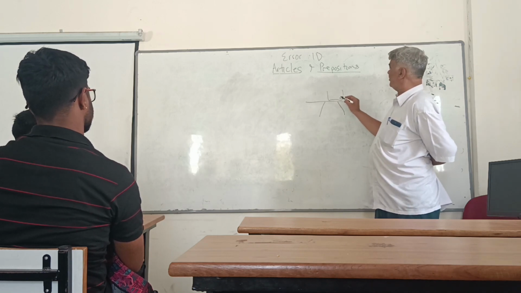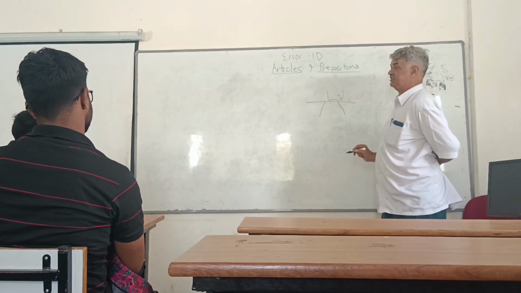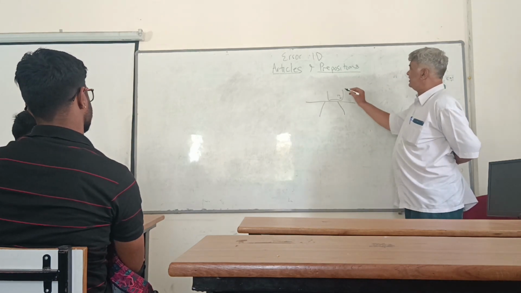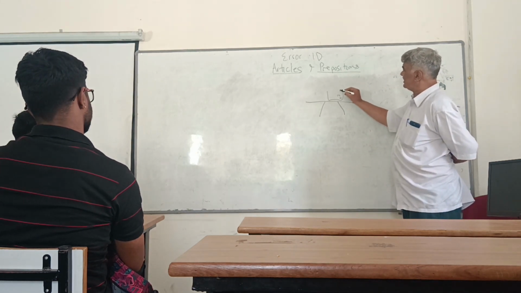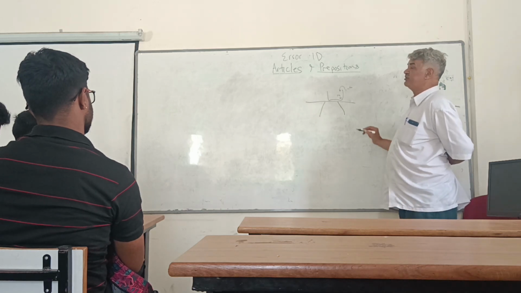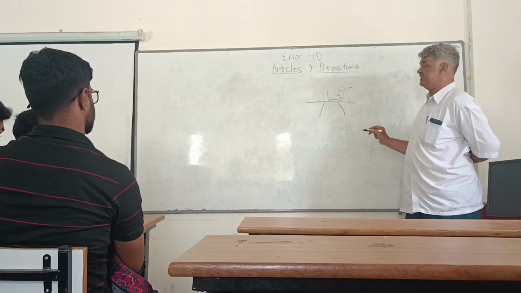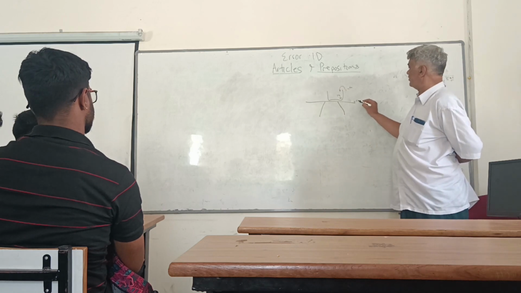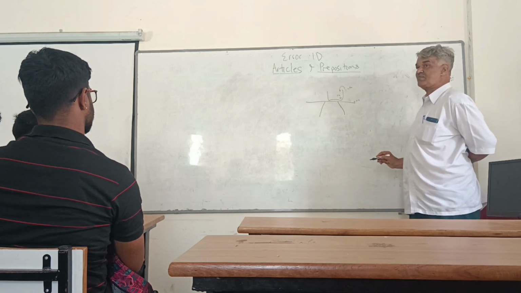We say the ball is in the box. Now, if it comes from outside to inside, then we say, I put the ball into the box. We say the ball is on the table.